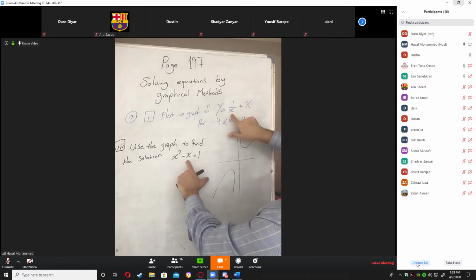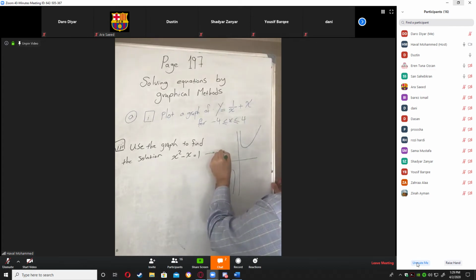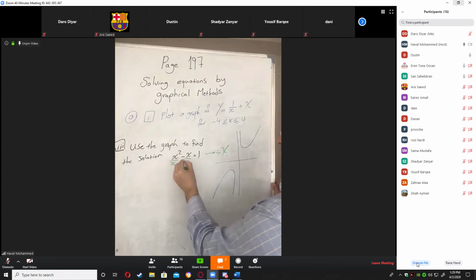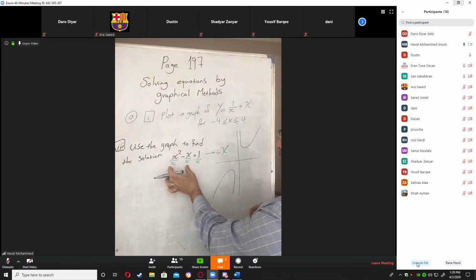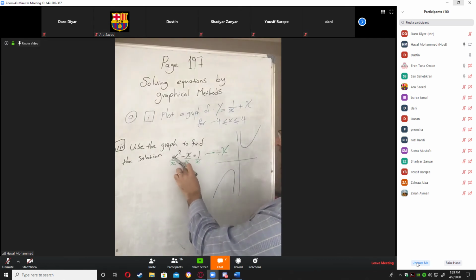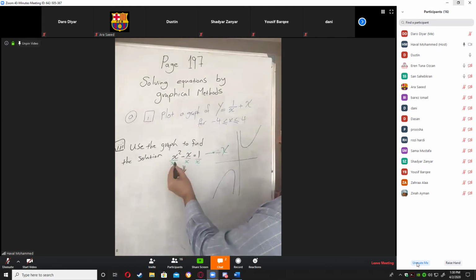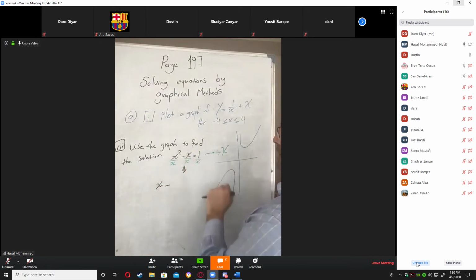Then what I need to do is divide everything by x. Each term has to be divided by the same denominator, because that's one side but we have two terms, and here we have only one term. Then what I get is x squared divided by x is just x, minus x divided by x, 1, equals 1 over x.